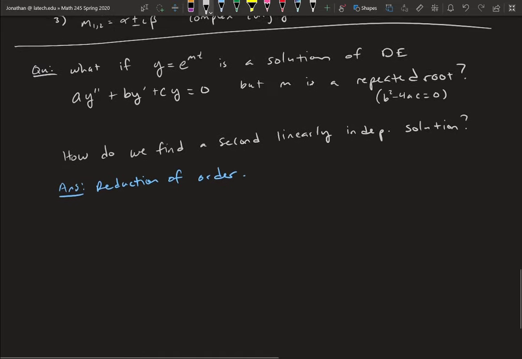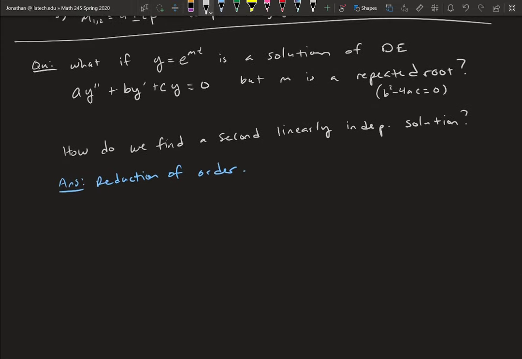Let's take our equation and rewrite it in standard form: y double prime plus b over a y prime plus c over a y equals 0. And here's our p of x.